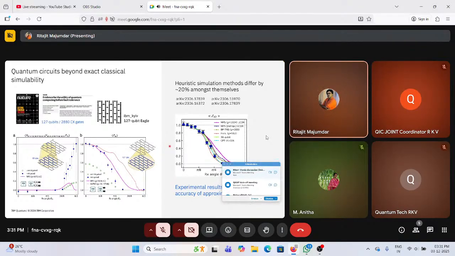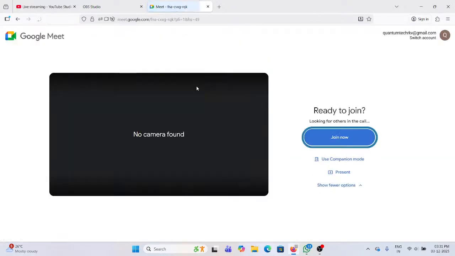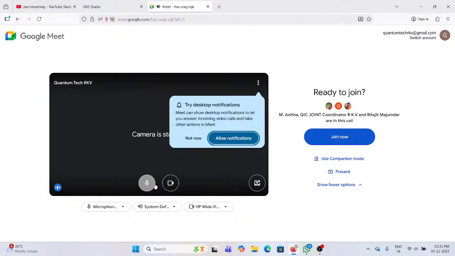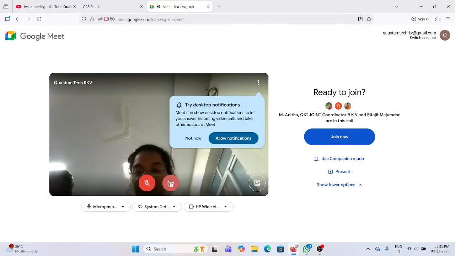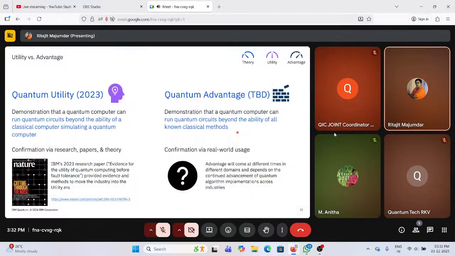The goal from here is to go towards advantage. Advantage would mean that on real world scales, none of the classical methods can live up to the quantum computation. This is what we mean by advantage. This is where we should be struggling to go.